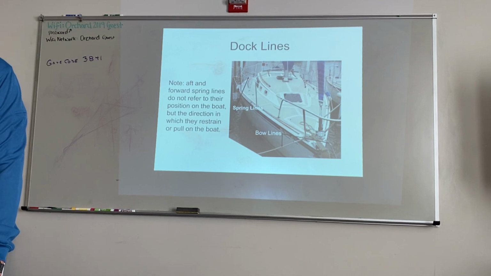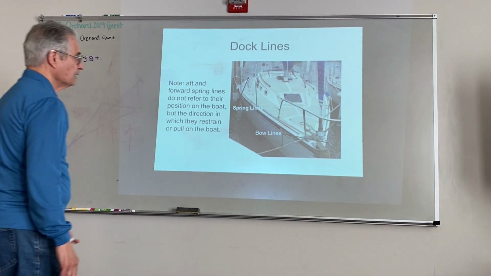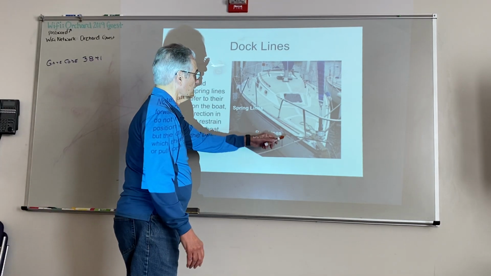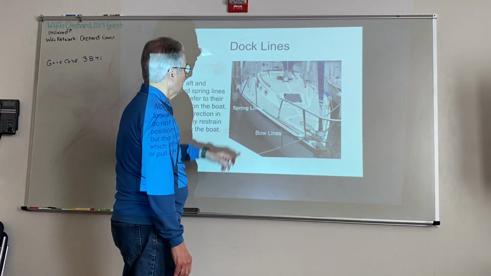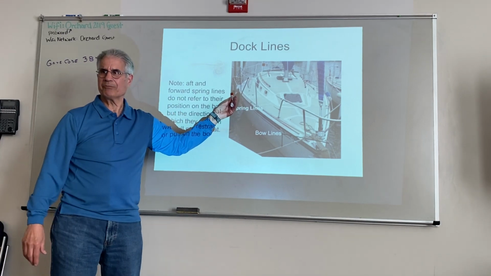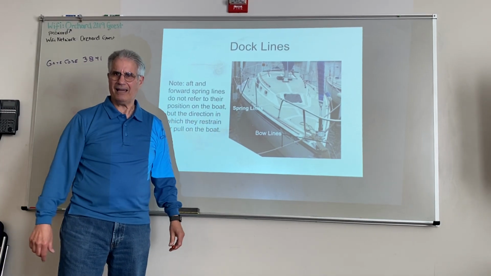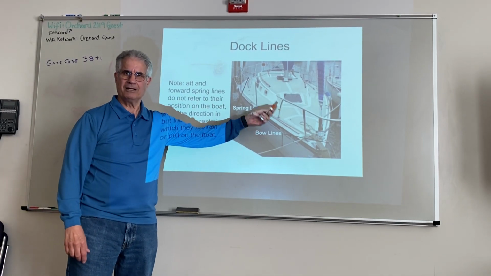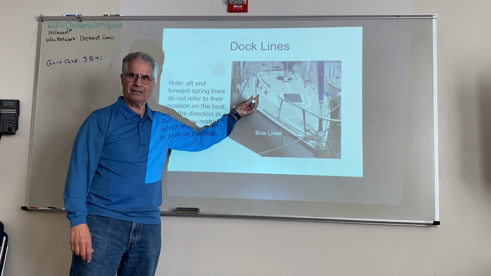All right, dock lines. You've got your spring lines, you've got your bow lines, you've got your spring line going back. What spring line is that? The aft spring line, from the bow back to the cleat.